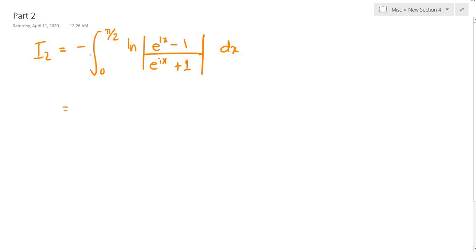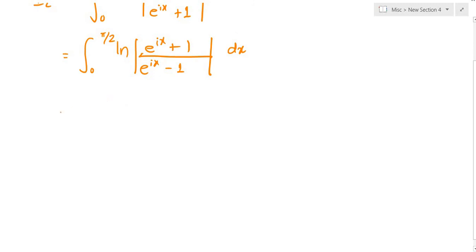And now we can suck up the negative and then flip the argument of this natural log. So the integral from 0 to pi over 2 of the natural log, now I'm flipping the argument, e raised to ix plus 1 divided by e raised to ix minus 1 dx.